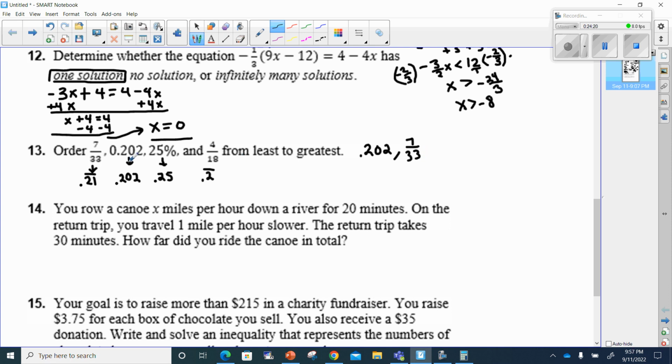You notice I had to take all these and put them in decimal form, and that way I could see very easily which one's bigger. This would be 0.222, that's bigger than 0.21 but smaller than 0.25. So this would be 4 over 18. And the last one, of course, would be 25%.